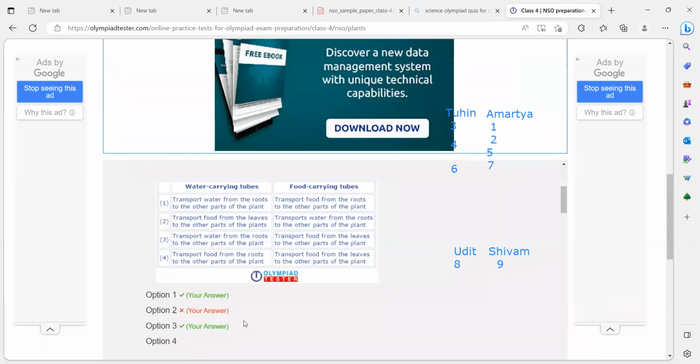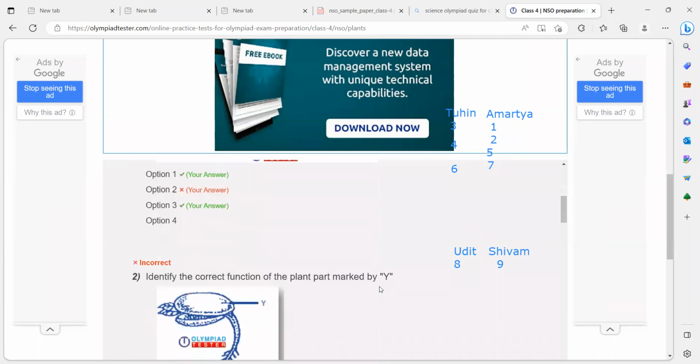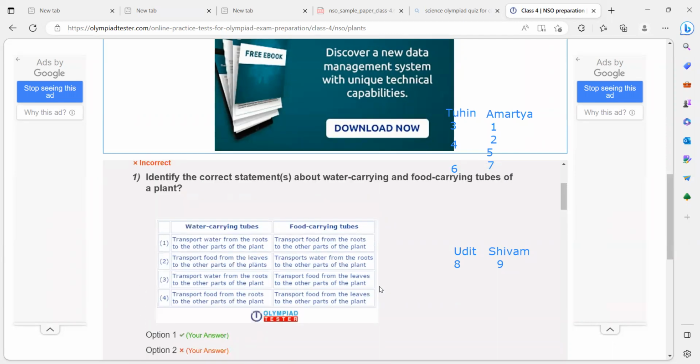So let's explain number 1. Let's see its explanation. Identify the correct statement about water carrying and food carrying tubes of a plant. So we all know the water carrying and food carrying tubes are none other than the stem. Transport water from roots to other parts of the plant, this is obviously correct.